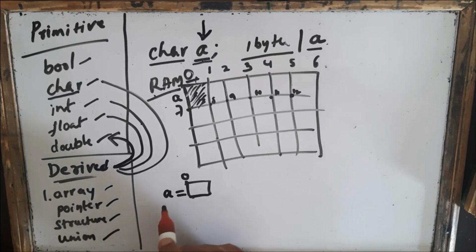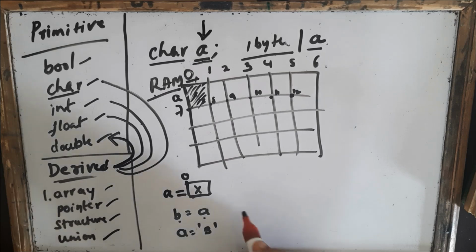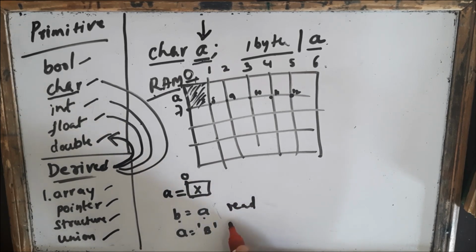So whenever you say you want to read, say for example B is equal to A, you want to read A into B, it will go and read from 0, whatever the content X, and the content X will be read to B. If you want to write something, A is equal to B, so this is a read, and this is a write.